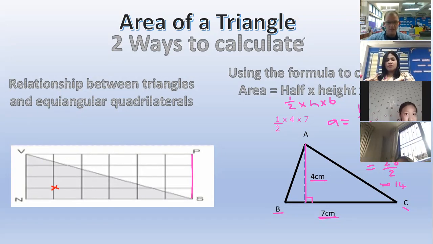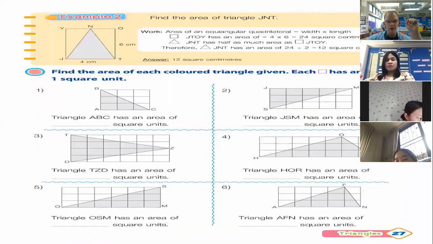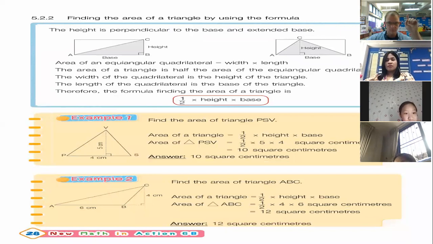So let's look at an example of how the area of a triangle is calculated using the formula. So they tell us a half times height times the base. If we look at example number 1 here, to find the area of the triangle PSV.